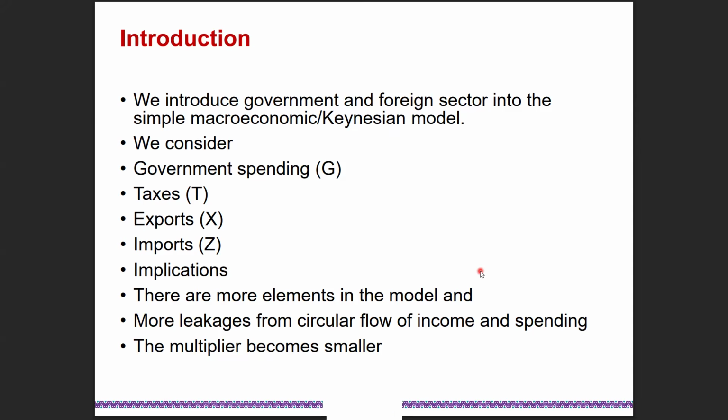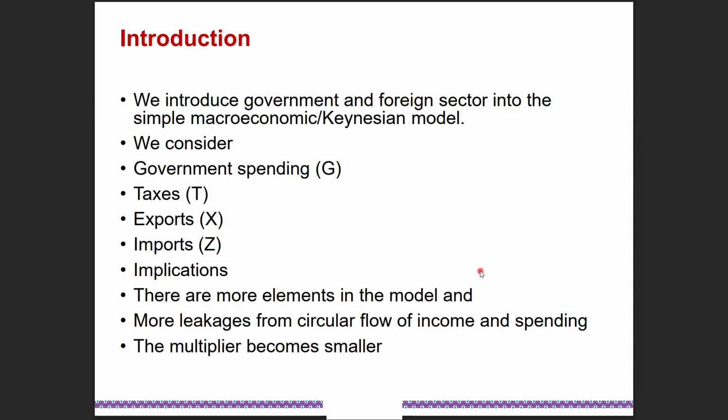Then further along this video, towards the end, we're going to add another source of spending, which is the foreign sector. If we open our economy to the foreign sector, it becomes an open economy, because now we are able to interact with the rest of the world via export and import.